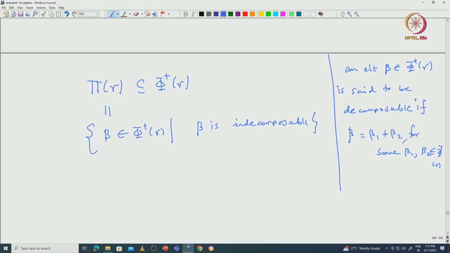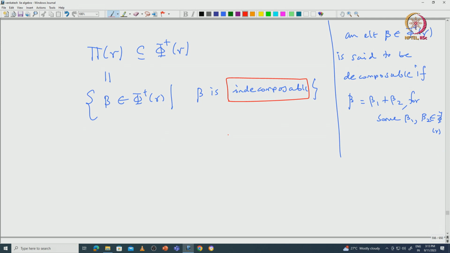If a given element cannot be written as a sum of two elements from phi plus of gamma, then you call it indecomposable. Then you collect all such beta inside phi plus gamma which are indecomposable.